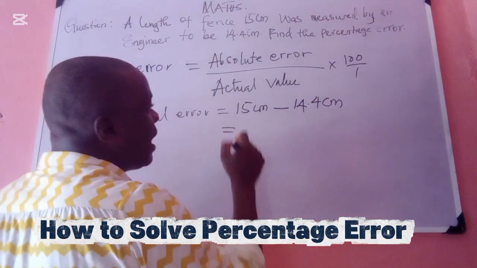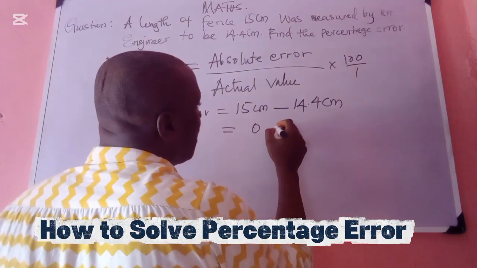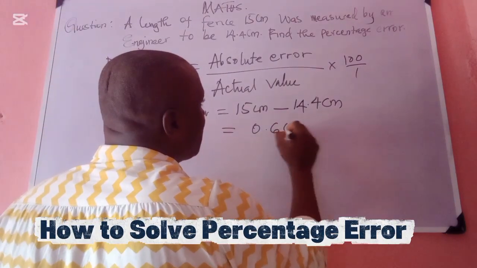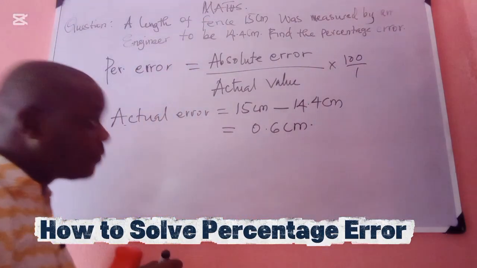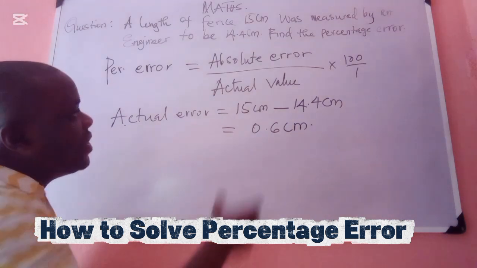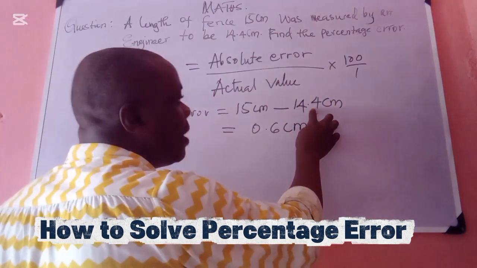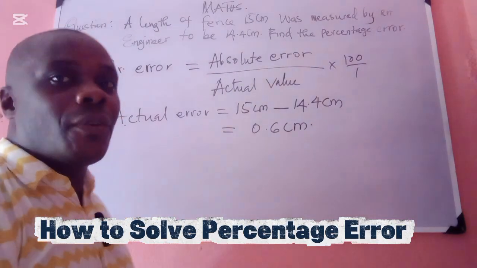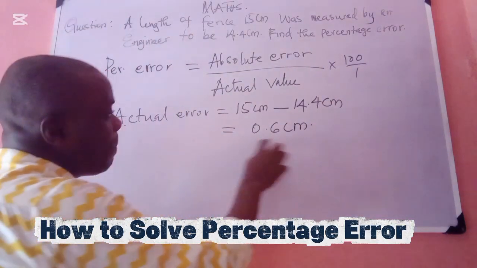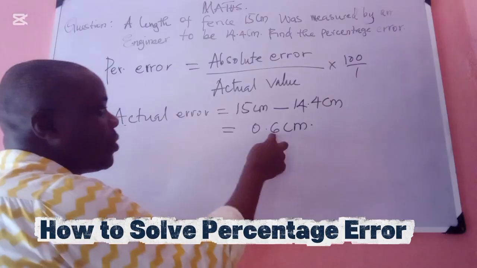So at this point, we now have 0.6 cm. Because if we look at it, the engineer, instead of measuring 15, was measuring what? 14.4 cm. And the actual error that was made was 0.6.